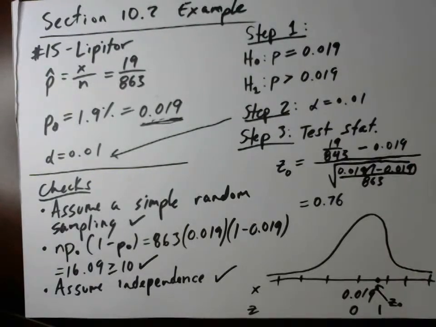And remember, if we're doing a right-tailed test and alpha equals 0.01, you can look at your table, and our critical value would be out here at 2.33.